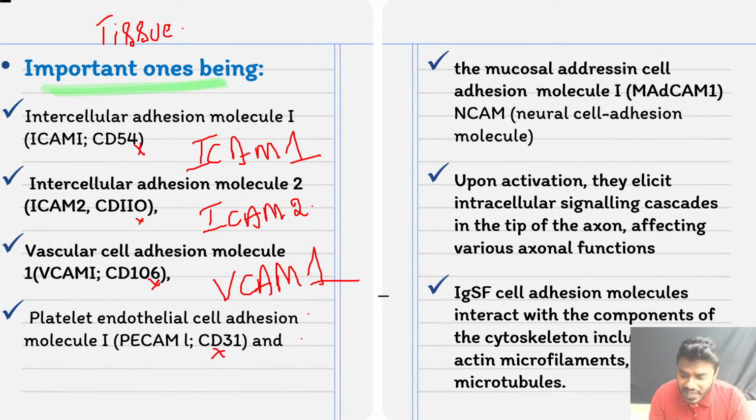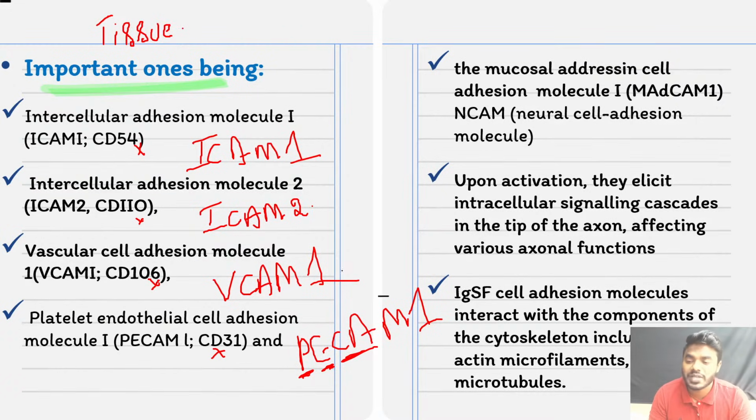Always remember the short names, by that you can remember them for a long time. PECAM1, platelet endothelial cell adhesion molecule. These names were given based on which cells they are expressed in. That's all. Then MADCAM, mucosal addressin cell adhesion molecule. Do not get confused with that.